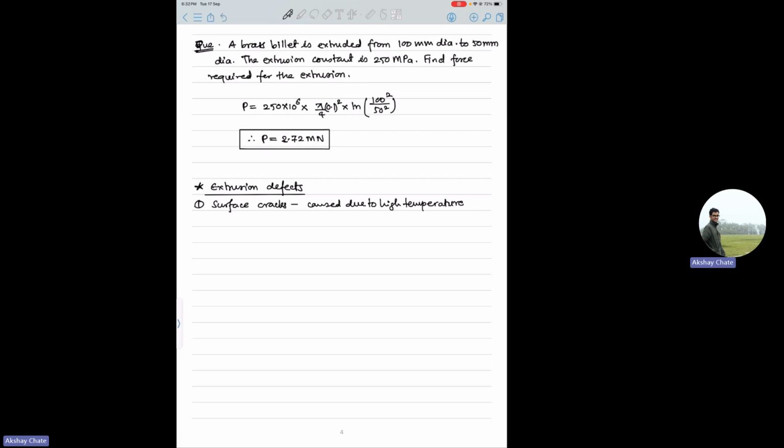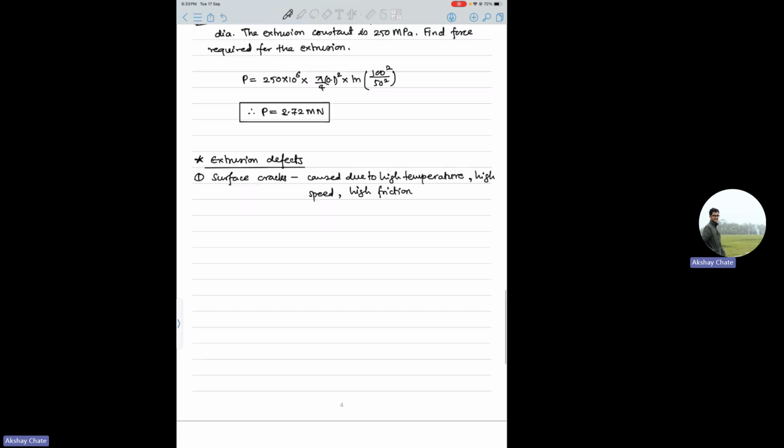High temperature, high speed of extrusion. So if you are rushing or not giving enough time for metal forming, or that grain deformation. And again, high speed also means that high friction. So under such conditions, there is a probability of developing surface cracks.